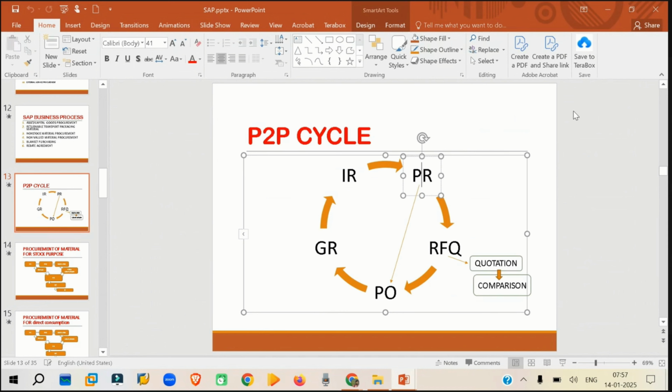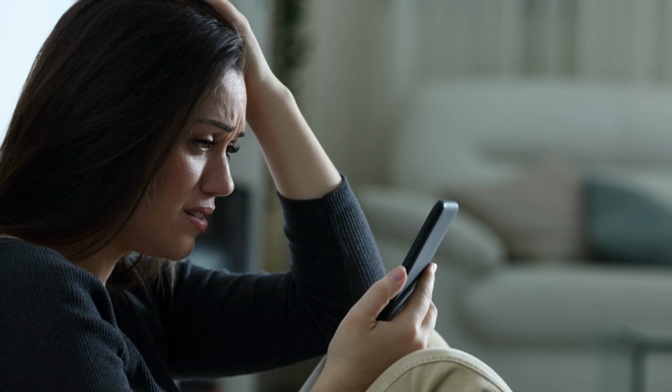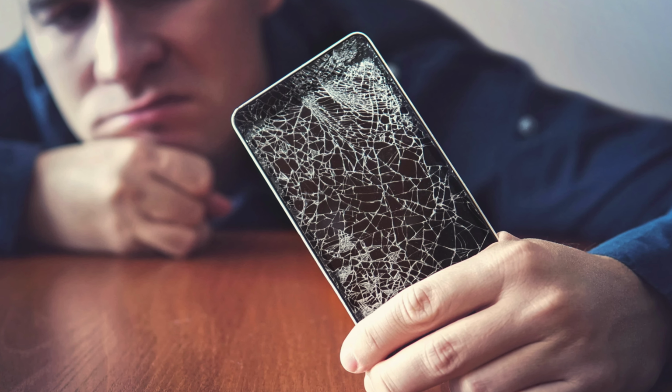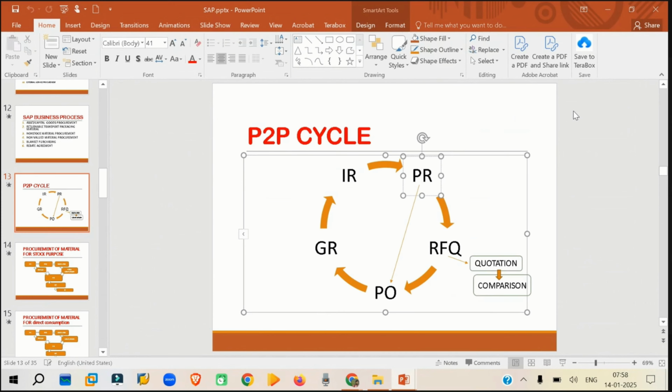So what is a PR? PR is a purchase requisition. Purchase requisition means there is a demand. Let's say you need some product. If we take a generic example, let's say you need a mobile phone, or your mobile phone is broken, damaged, or does not work. A demand will be generated that I need a mobile phone.